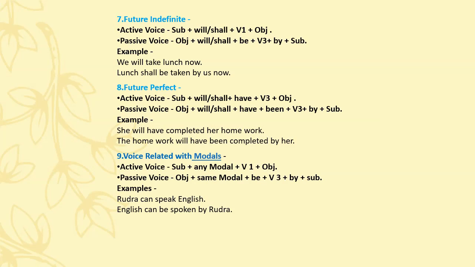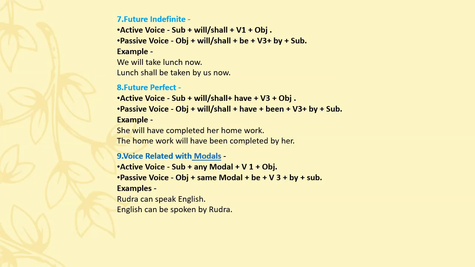That is, your object will become the subject, plus the same modal. Any modal here means whichever modal you use, that will remain the same, plus be plus V3, as I told you.